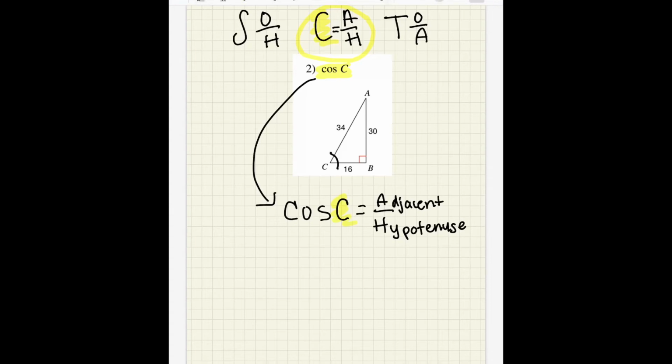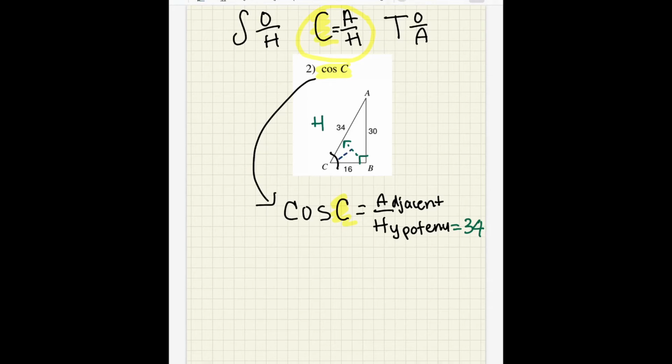Looking at angle C, if I want to find the adjacent, I would find the hypotenuse first, right? So remember the hypotenuse is the side that is directly across the 90-degree angle, which in this case is 34. So we've already found the hypotenuse. The hypotenuse is 34.